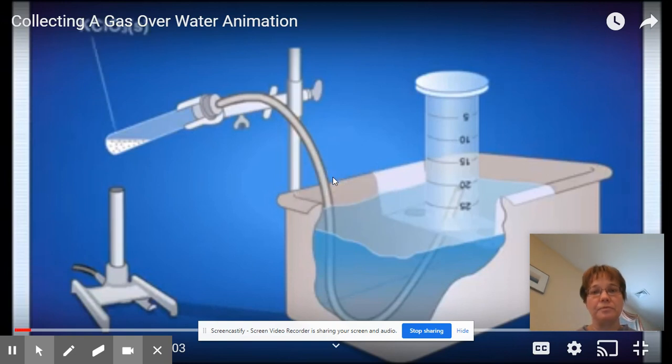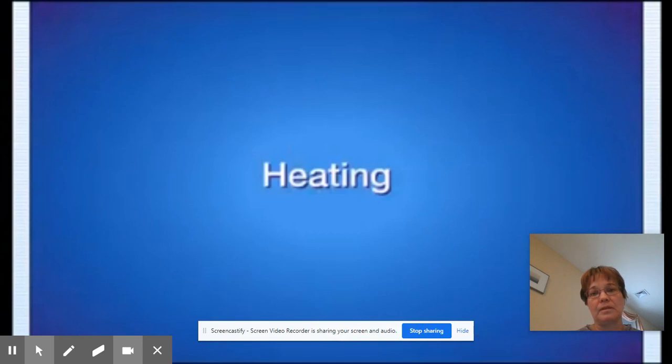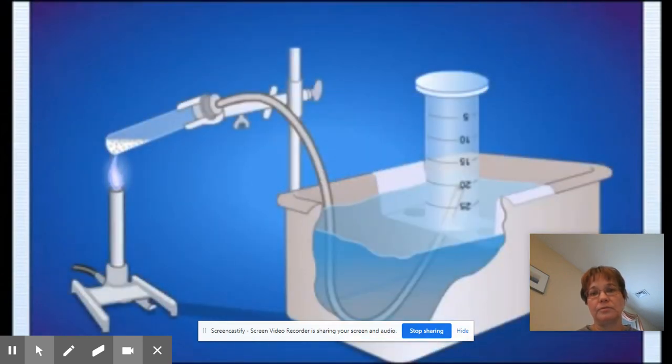Potassium chlorate, KClO3, decomposes to potassium chloride, KCl, and oxygen gas, O2, when heated. Manganese peroxide, MnO2, is added to speed up the reaction. The oxygen gas produced in the reaction can be collected by bubbling it through water and collecting it in a bottle or graduated cylinder. As oxygen gas is generated, the gas bubbles rise to the top and displace water from the cylinder.